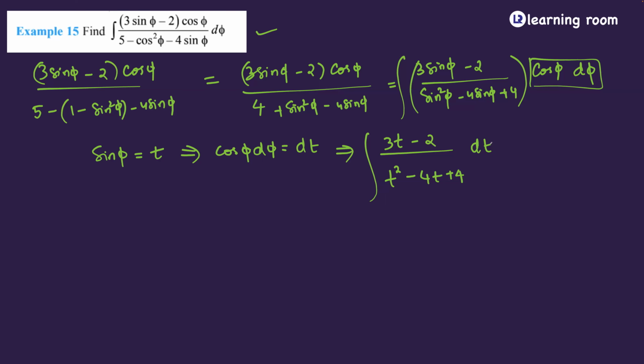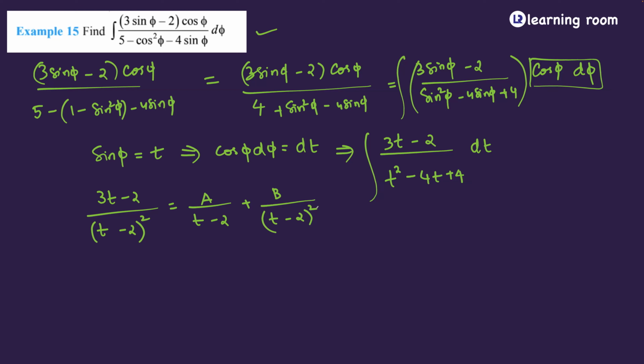So it is basically (3t minus 2) divided by (t minus 2) the whole square, which you can write as a divided by (t minus 2) plus b divided by (t minus 2) the whole square. This is what you do when you have repeated roots.